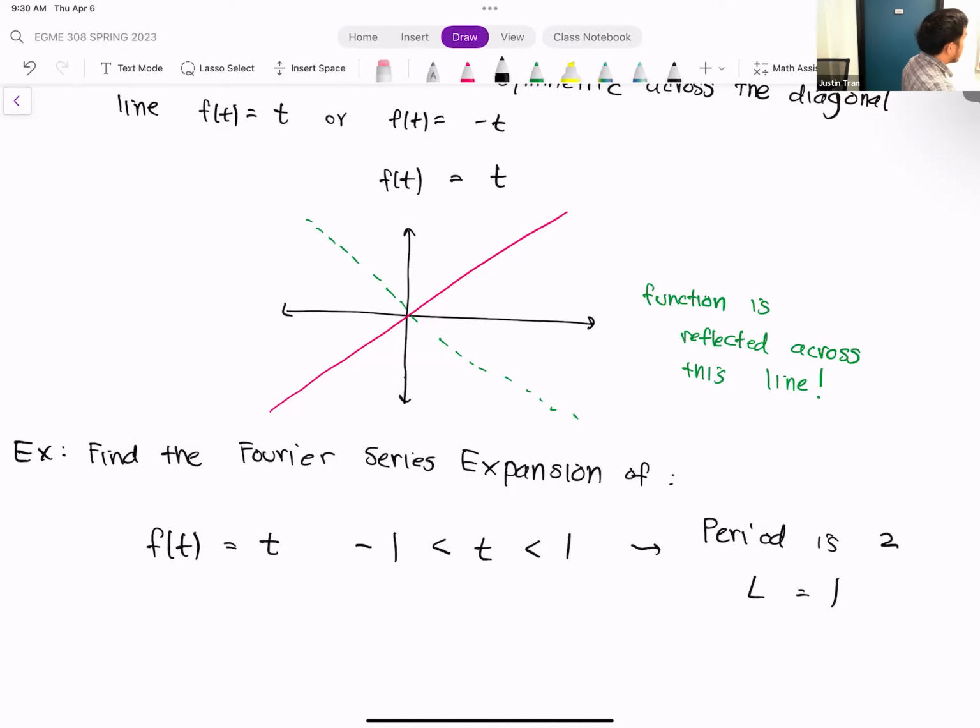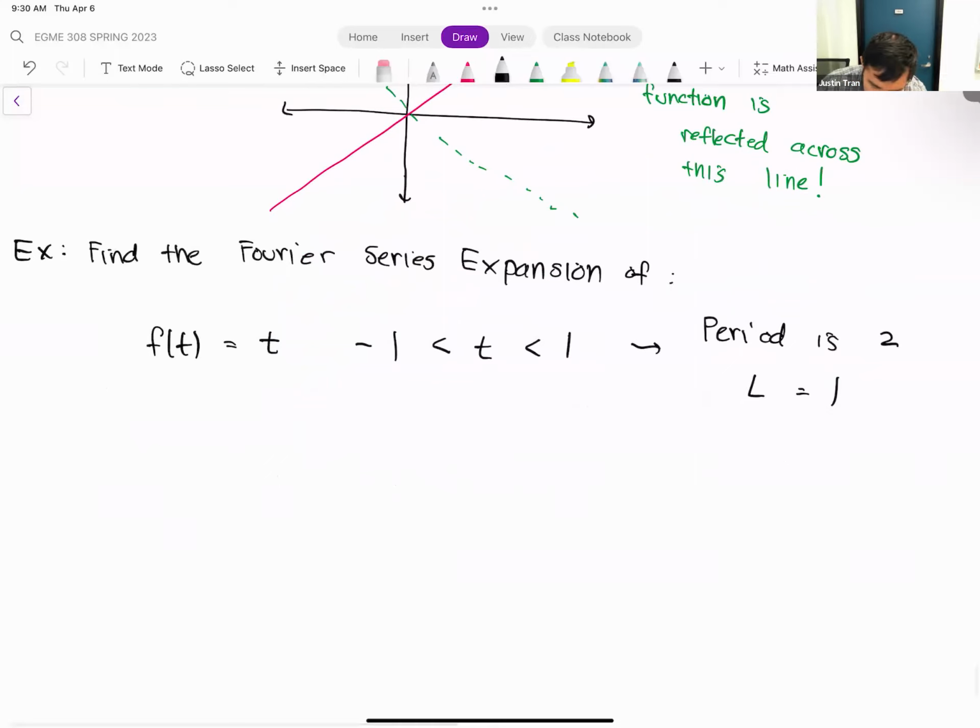So let me go ahead and draw this visually. Let me go ahead and mark off -1, 1. And so the function f of t between -1 and 1 looks like the following.